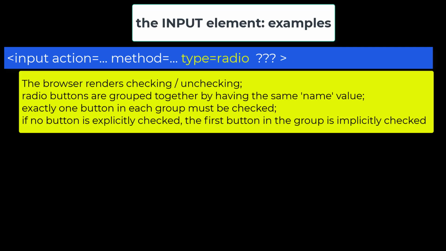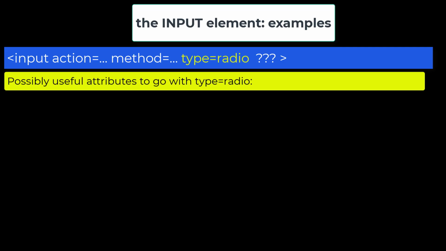Type equals radio. The browser will render checking and unchecking. Radio buttons are grouped together by having the same name value. Exactly one button in each group must be checked. If no button is explicitly checked, the first button in the group is implicitly checked. Useful attributes. Use name equal to specify the name passed to the CGI.